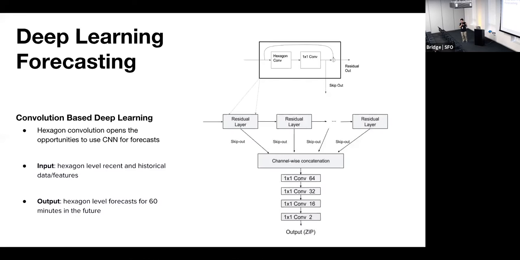And it opens many opportunities, because if you look at the deep learning literature, research, or even industry, so many components are built on top of convolution. Before, because we use Hexagon data, it was very hard for us to do convolution, and there were a lot of things we could not leverage. But now with Hexagon convolution, it's like opening the door, so we can leverage a lot of existing work.